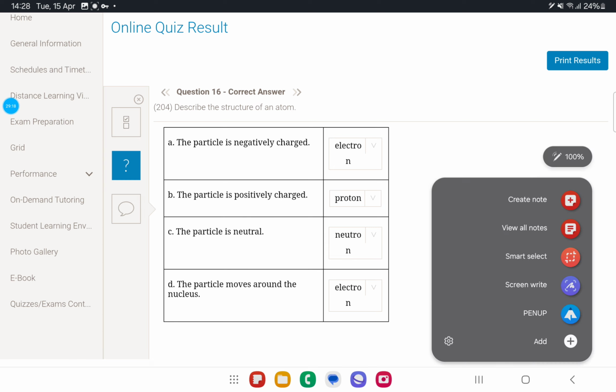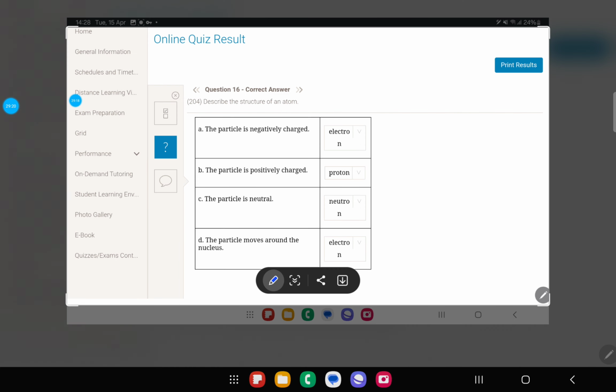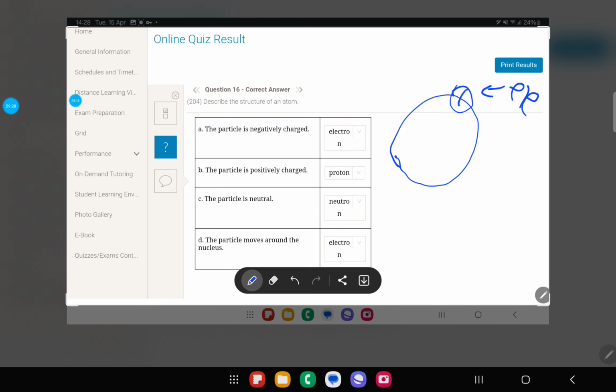Let me just draw it out so you can memorize it. This is the electron, and in the center, the nucleus, which is made up of the protons, which are positive, and the neutrons, which are neutral.